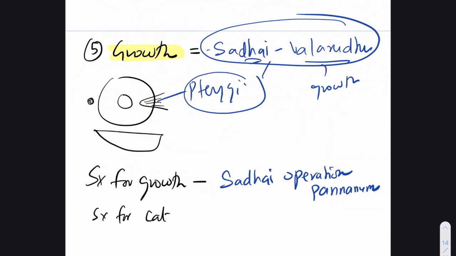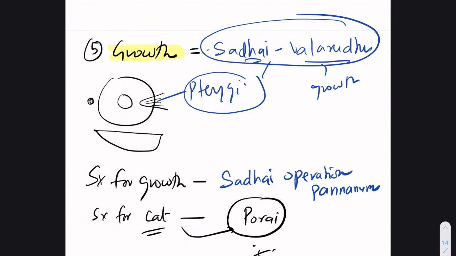Just know now that cataract is called porai. Very, very important. So, porai operation pannanum, cataract surgery you should be undergoing. Sadai operation pannanum, surgery for your growth, to be more specific, for your pterygium.